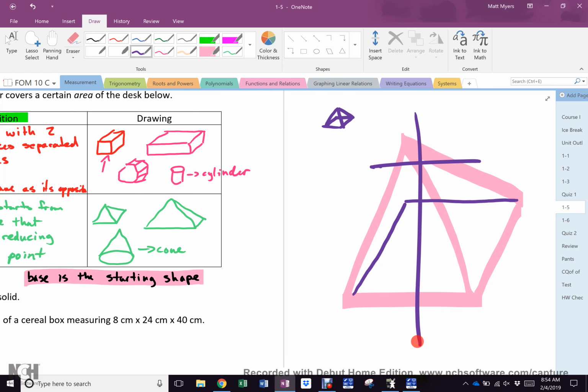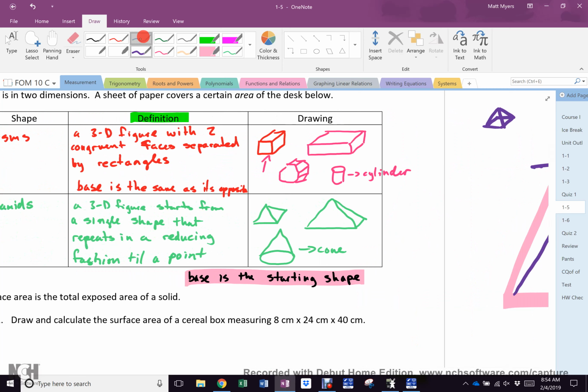Okay? Now, the other word we use in math all the time when we're doing geometry is height. What does height mean in real life? What's my height? Where does it go from? My feet to my head, right?